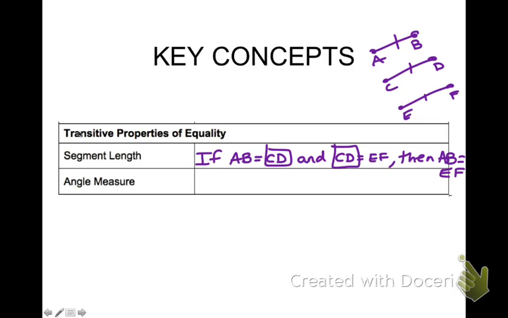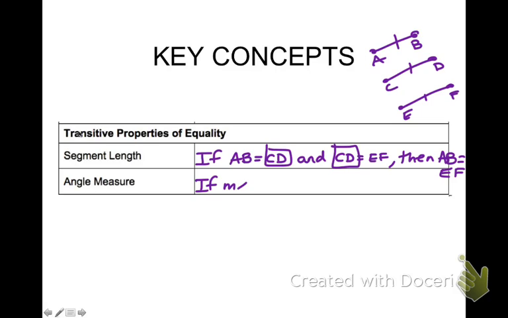Sometimes you can use the substitution property when it could be the transitive property and vice versa. The only time the substitution property and the transitive property cannot be interchanged is when we're talking about congruence. So if I put line segments above this and put a congruent symbol above my equal sign, then it only can be transitive property. Substitution property does not work in congruence. It only works in equality. All right, and then the same thing is true for angles.